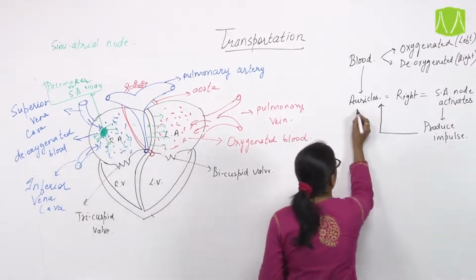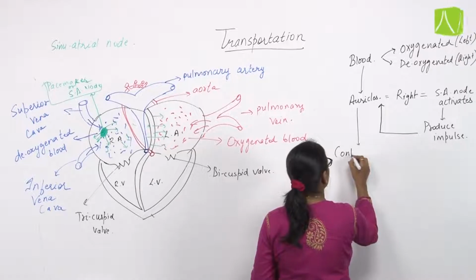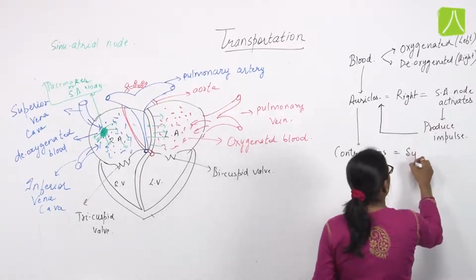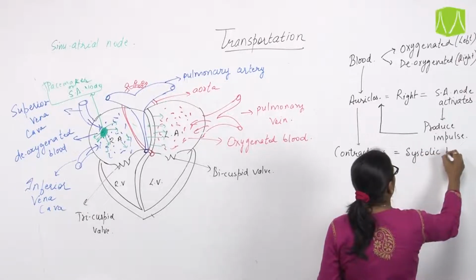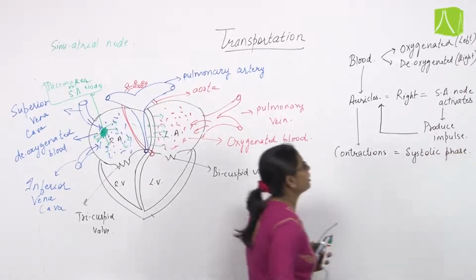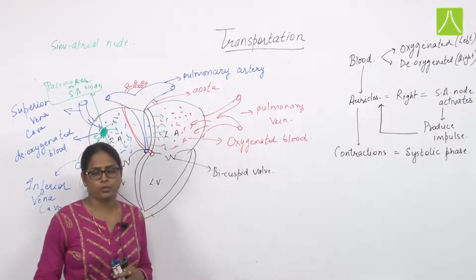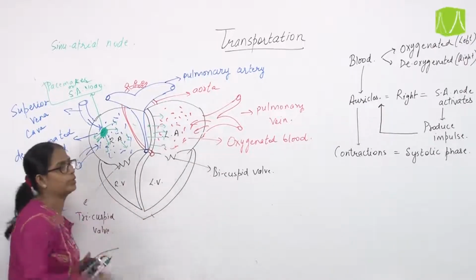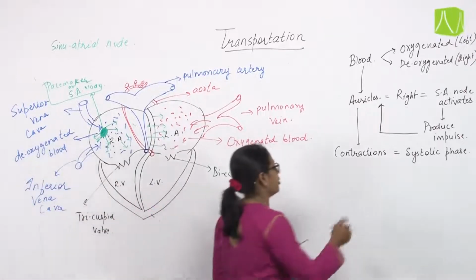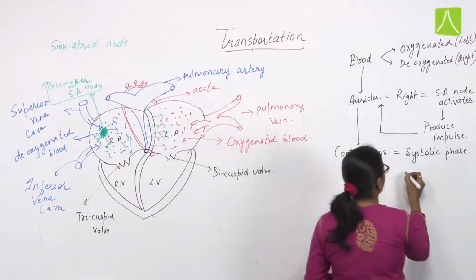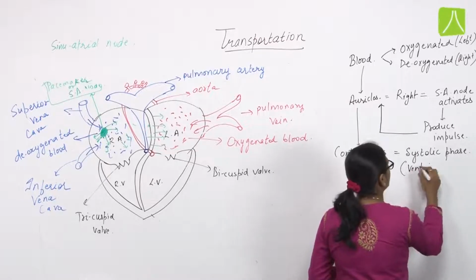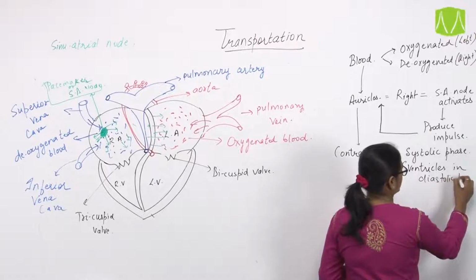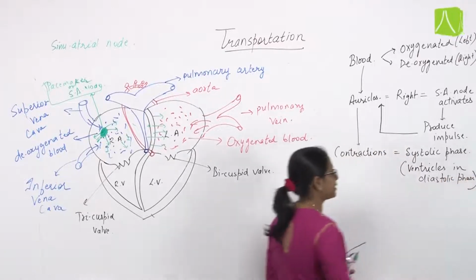Now these auricles undergo contraction, that means the systolic phase. When the auricles are in their systolic phase, at that particular time the ventricles are in their diastolic phase. At the same time, the ventricles are in diastolic phase, that means they remain relaxed.